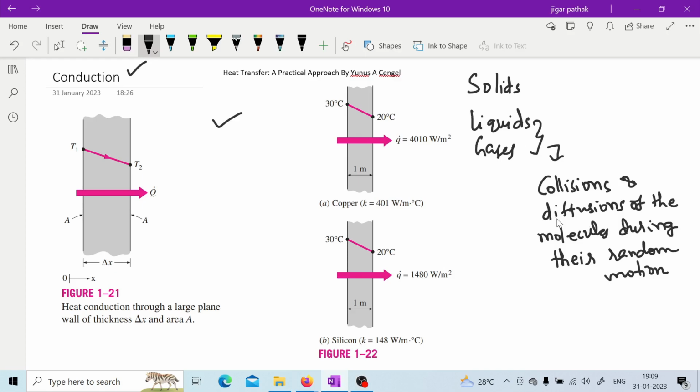While in solids, there are vibrations of molecules in the lattice, and the energy is also transported by free electrons. So in solids, you have the combined effect of the vibration of the molecules in a lattice plus the energy transport by free electrons.